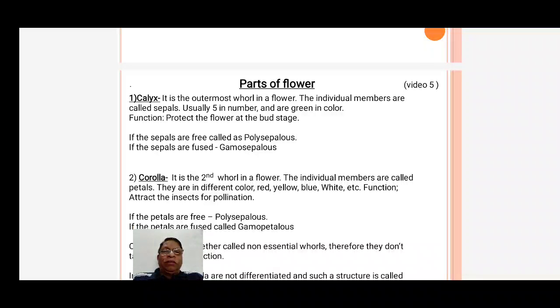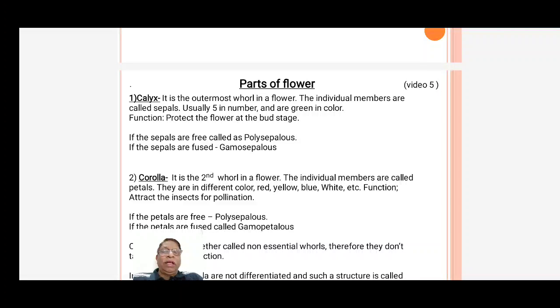If the sepals are free, then we call it polysepalous. If the sepals are fused, we call it gamosepalous. That's all about calyx.